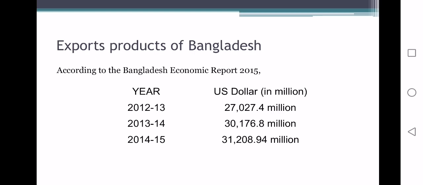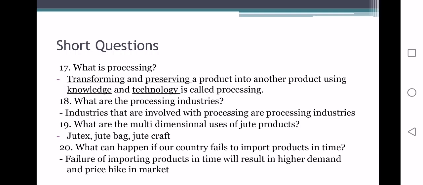And in 2014 and 15, it increased the amount of exported products, and that stands for 31,208.94 million US dollars. So it has gradually increased. But still, the difference between the import amount and the export amount is huge. So if we want to become a middle income country, we have to increase our export products and we have to decrease importing products from other countries.